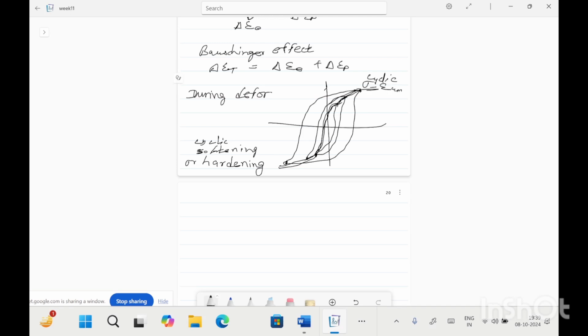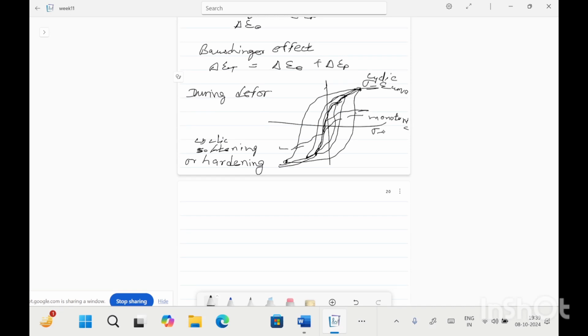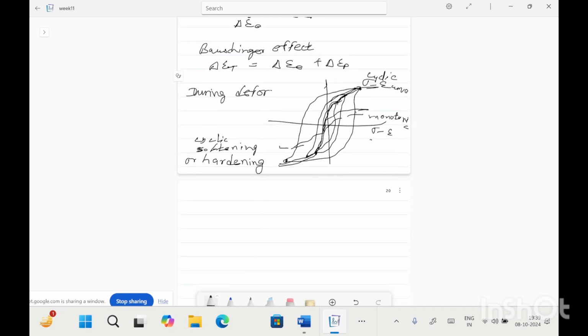One more curve can be achieved, which has lower stress levels. This is the monotonic sigma epsilon curve in the low cycle fatigue conditions.